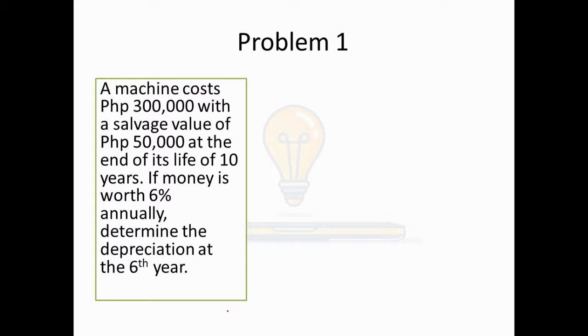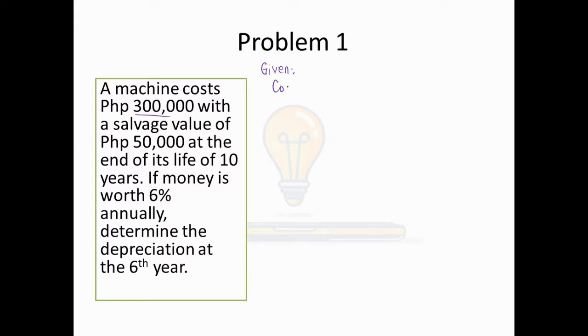If money is worth 6% annually, determine the depreciation at the 6th year. Again, a machine costs 300,000 pesos with a salvage value of 50,000 pesos at the end of its life of 10 years.